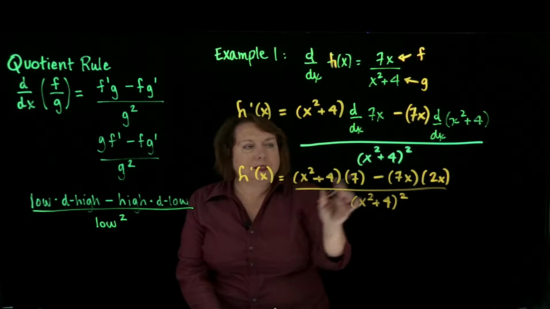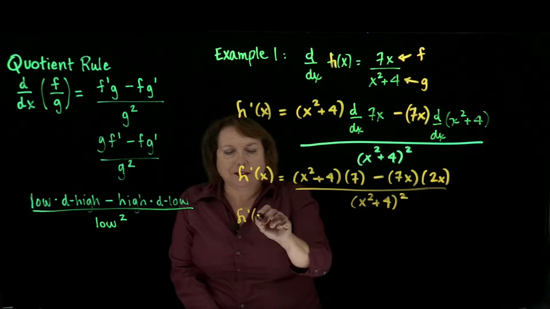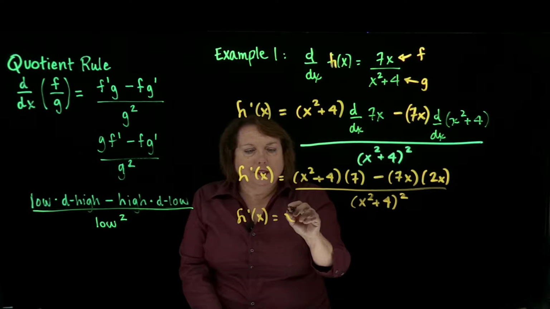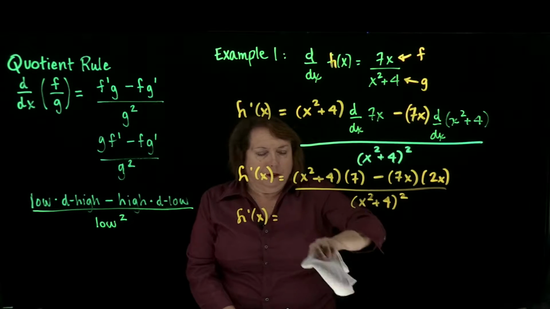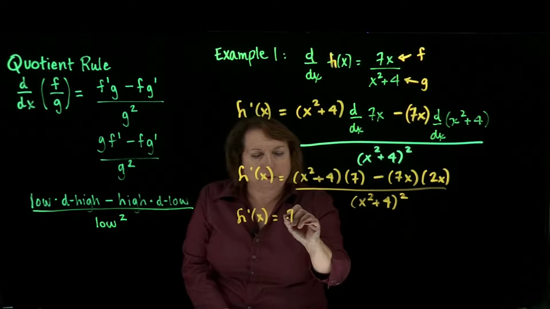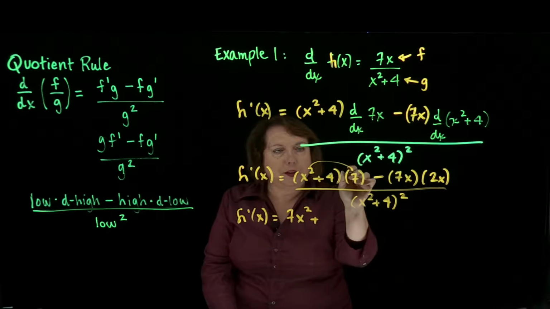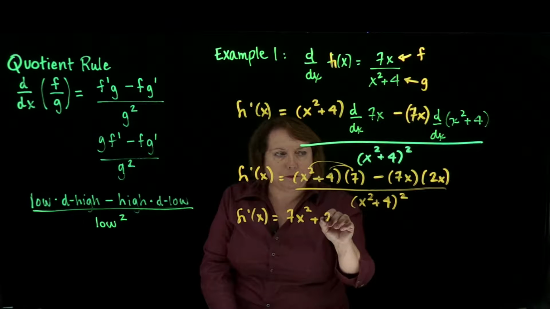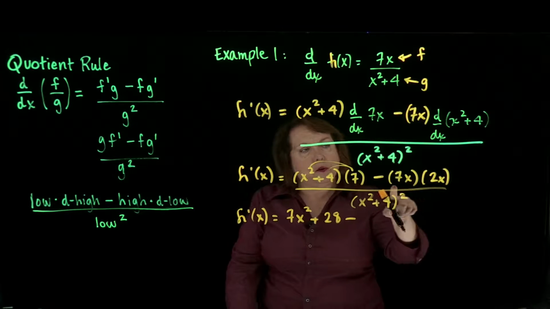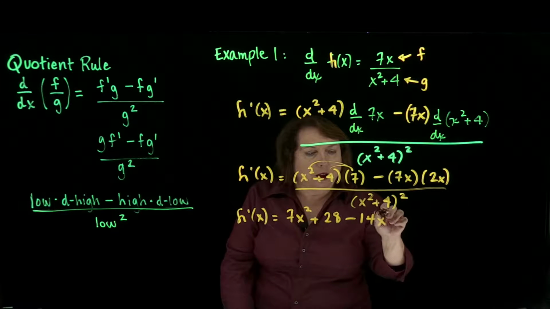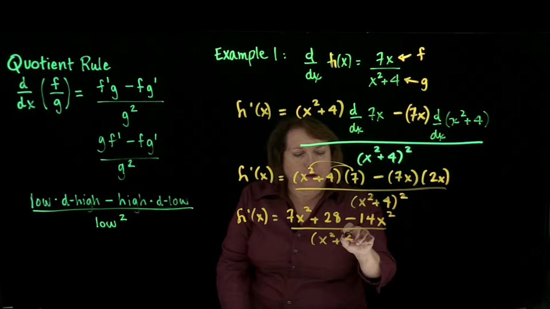Let's simplify a little bit and see if we can combine any like terms in the numerator. So h prime of x is equal to 7x squared plus 4 times 7, which is 28, because what we're doing is distributing that 7 to both terms. And then minus 7x times 2x, 14x squared, all over x squared plus 4 quantity squared.